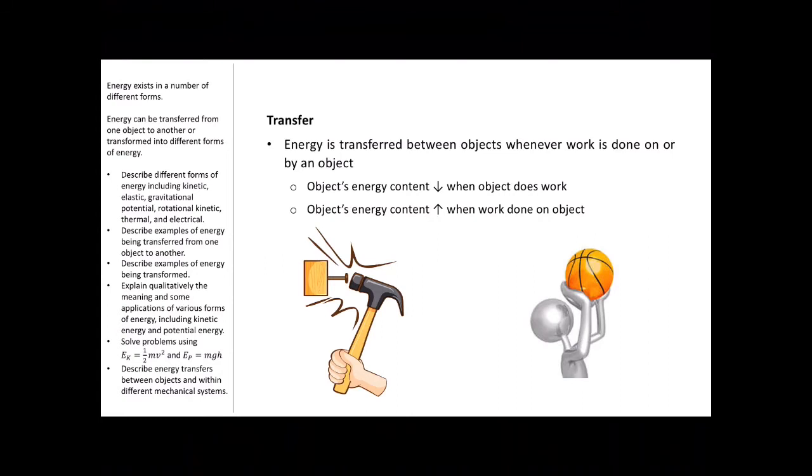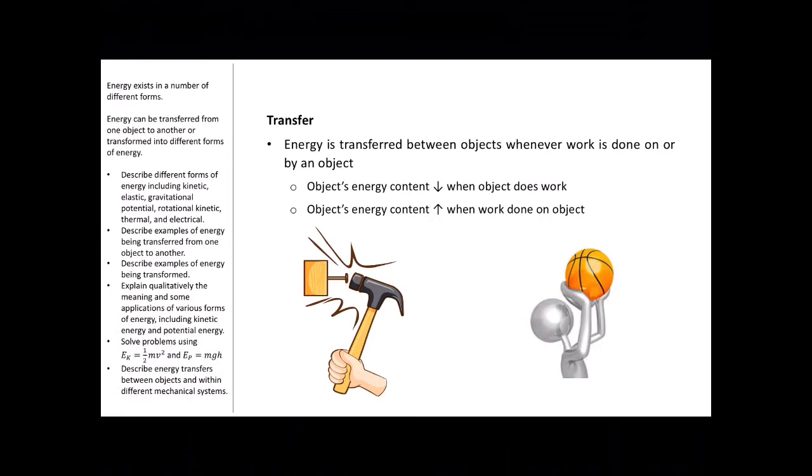With a basketball shot, energy is transferred from the human to the ball when a force is applied. The human does work on the ball, decreasing their own kinetic energy.